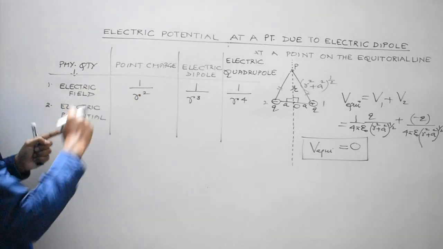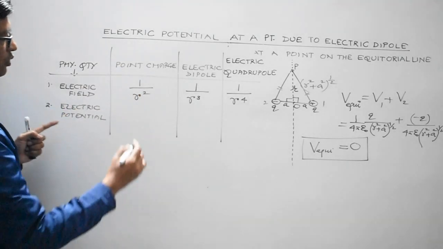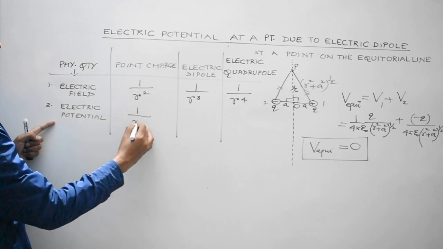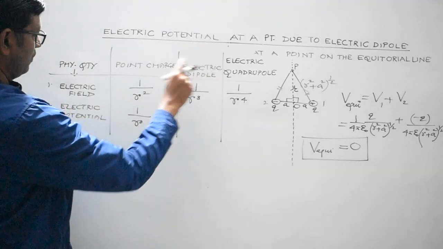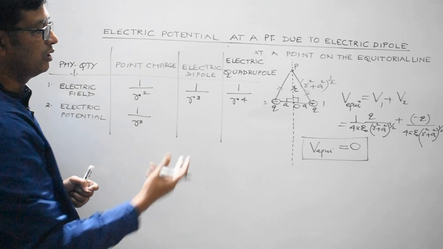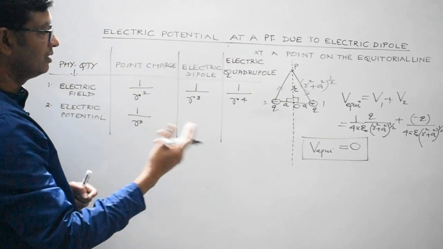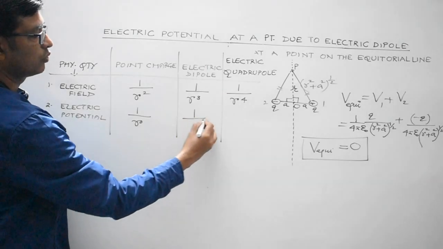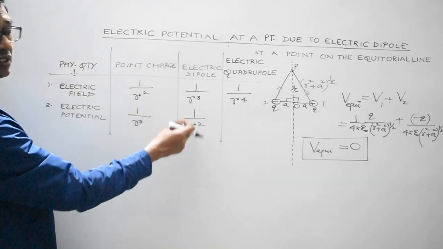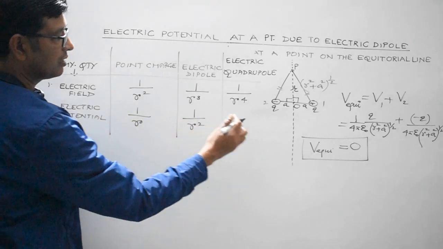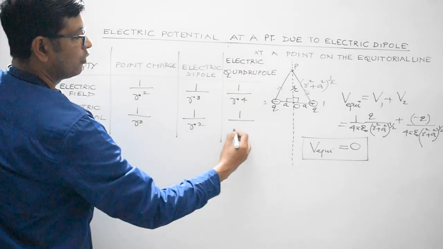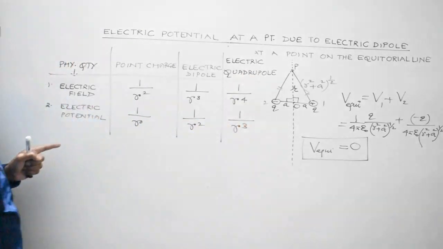Electric potential due to a point charge is kq by r, so it varies with distance as 1 by r. Electric potential due to an electric dipole at any point on the equatorial is 0, but at any point on the axial, as we have discussed, it is 1 by r square. Following the same pattern for an electric quadrupole, it will vary with distance as 1 by r cube.